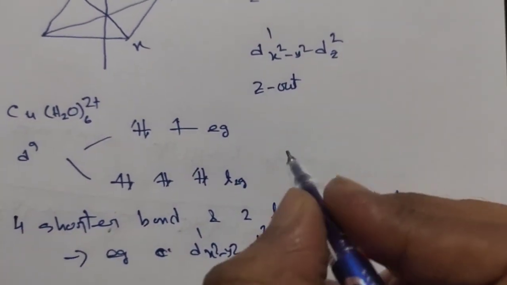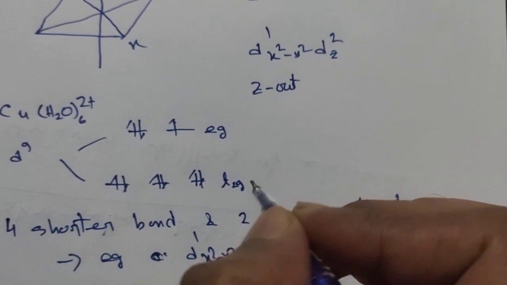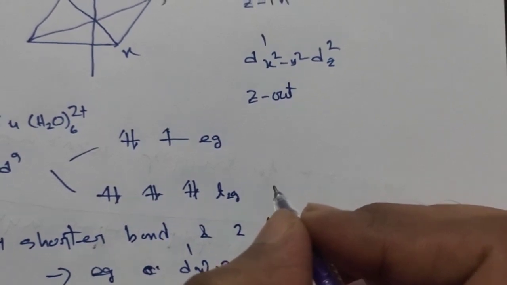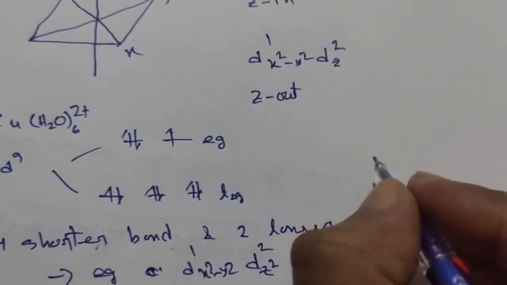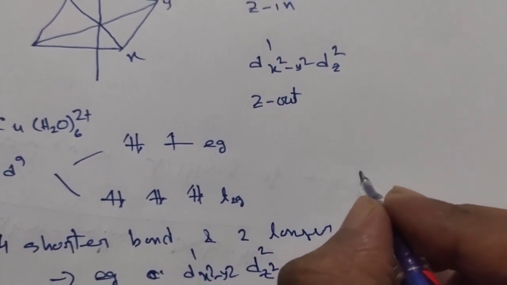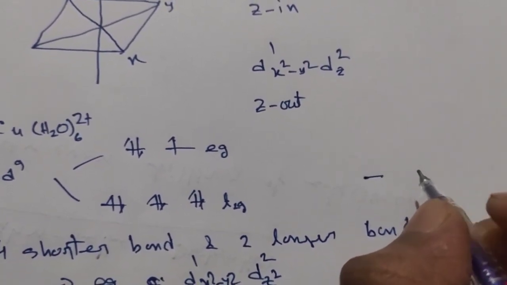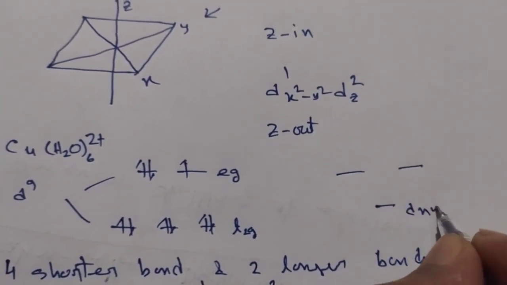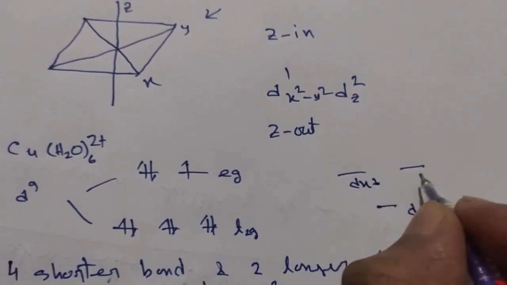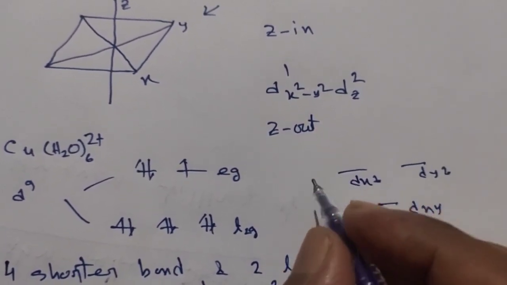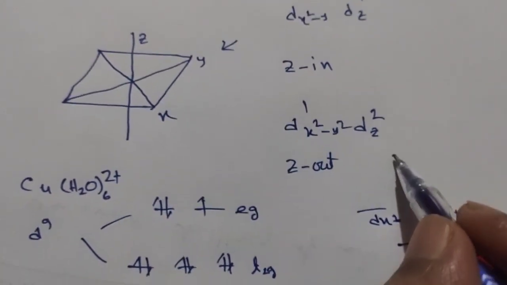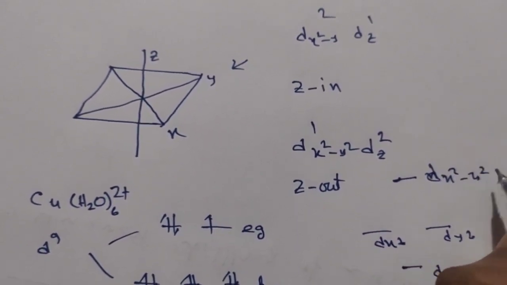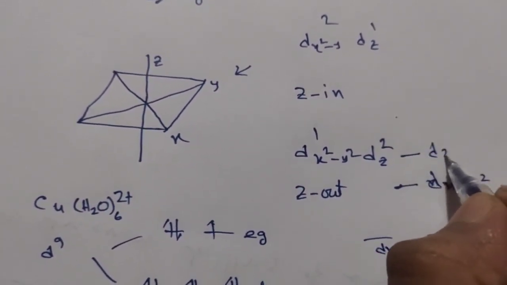This distortion further splits the energy levels of this orbital set, such that the T2g will have 2 energy levels: dxy, and dxz and dyz, and the Eg will be like this: dx square minus y square and dz square.